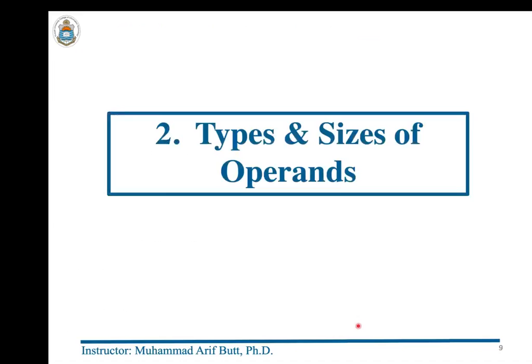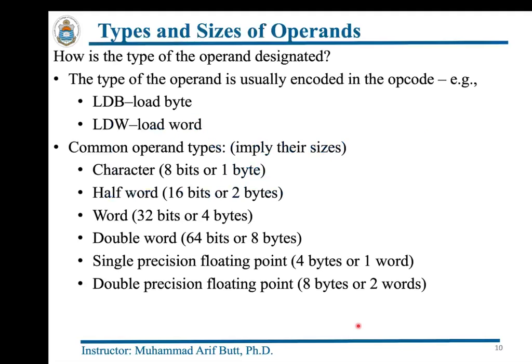So after having a fair idea about the 4 different classes of ISA, let us now move on to the second dimension of an instruction set architecture, and that is the types and sizes of operands that are supported in a specific ISA of a processor. The main question is, how is the type of the operand designated?